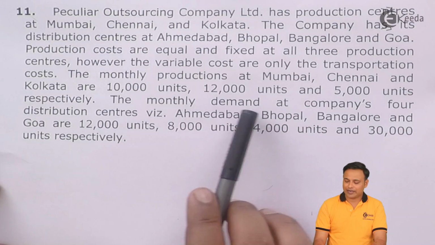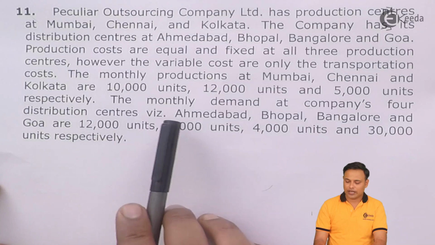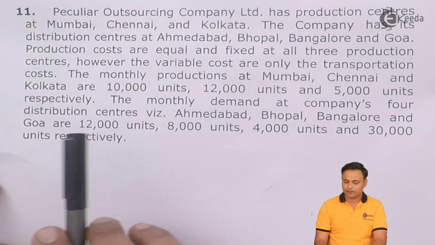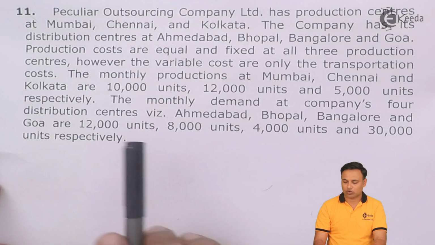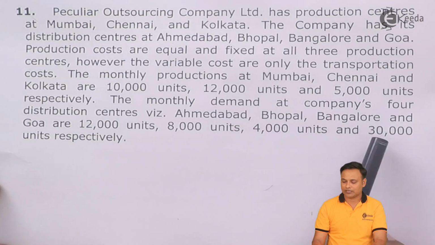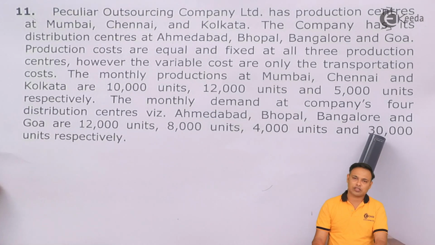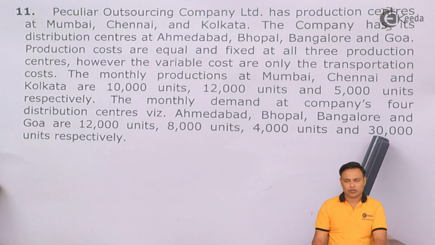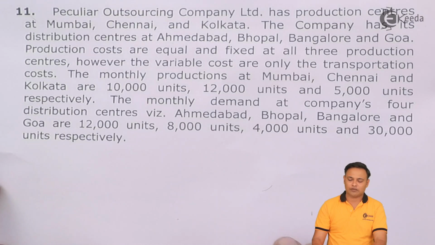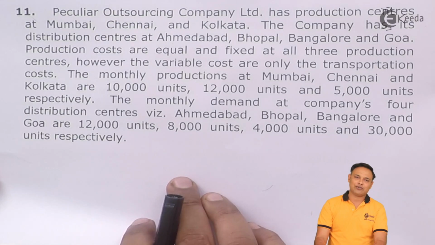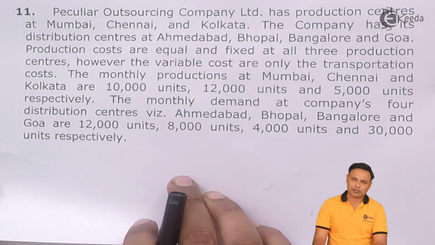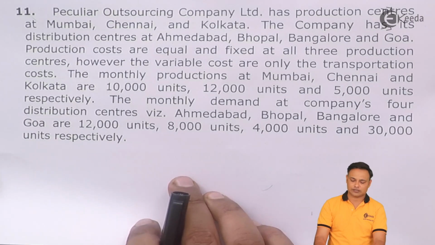The monthly demand at the company's four centers, Ahmedabad, Bhopal, Bangalore and Goa are 12, 8, 4 and 30,000, which comes to 12 plus 8 plus 4 plus 30, 54,000 units respectively. So we have a problem where we have three production centers and four distribution centers.